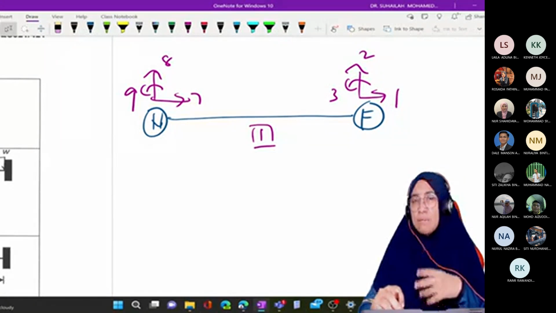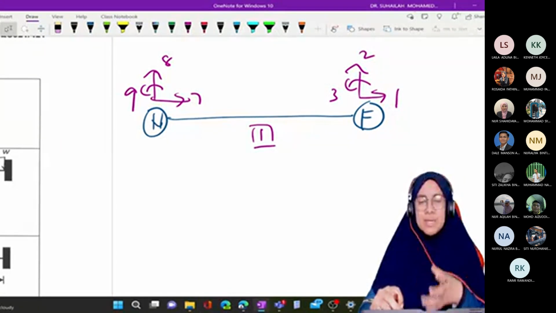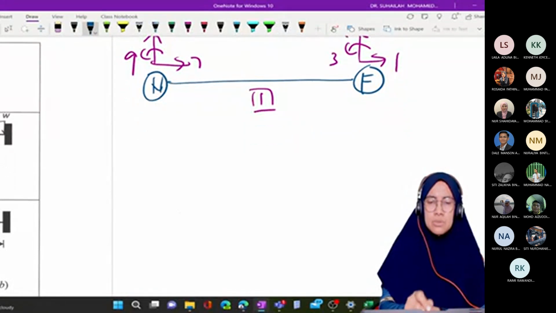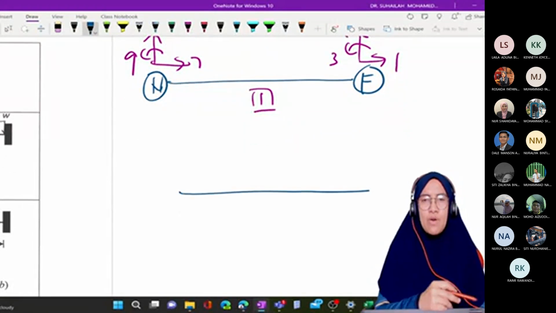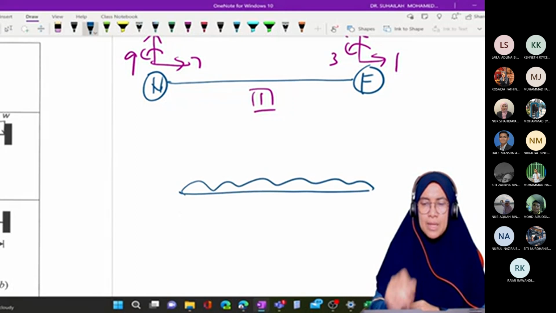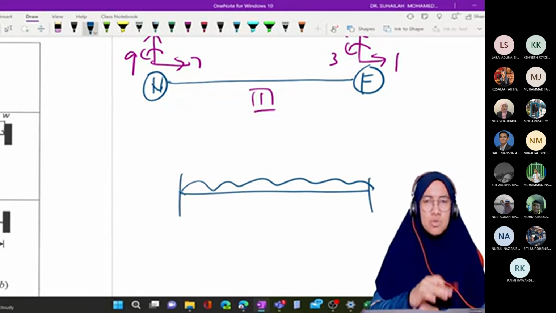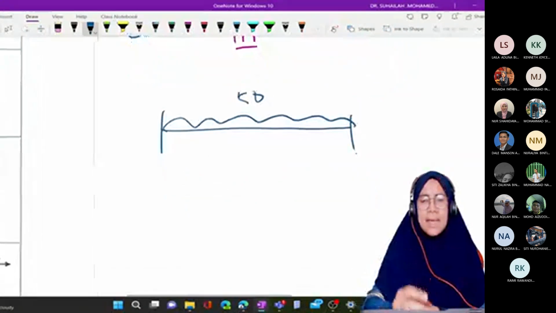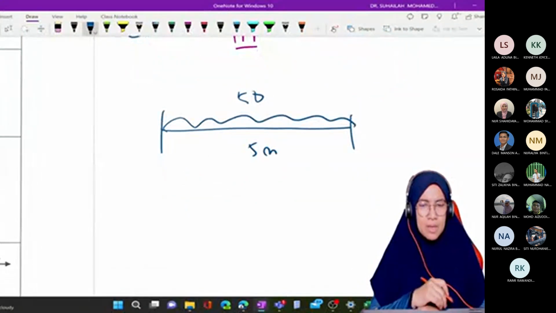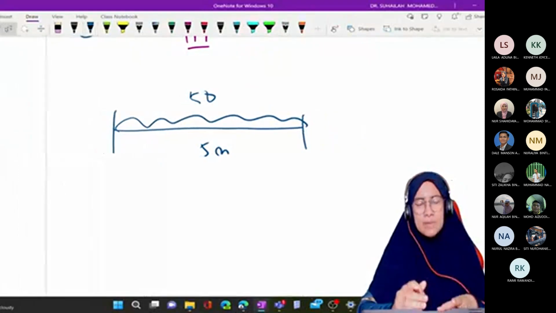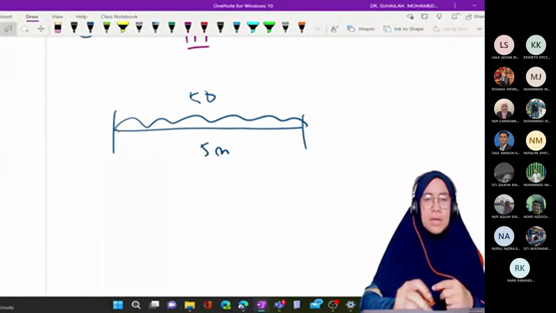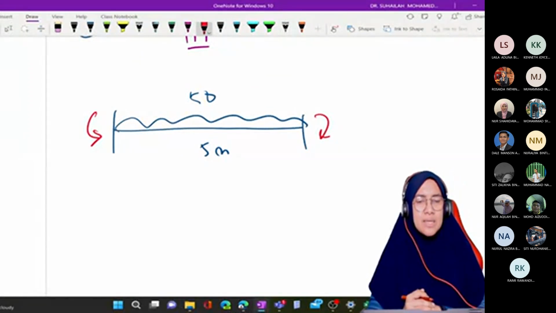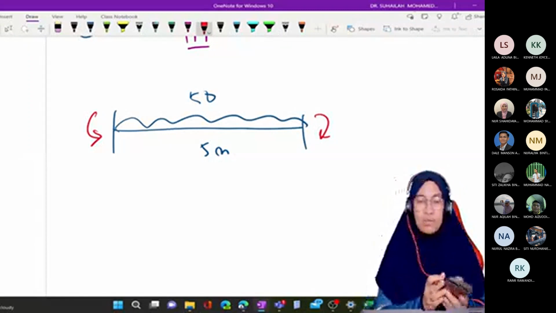It must be written in matrix form, and we should compare with the formula. So this is W. Assume all fixed. This is 50. Length is 5 meter. So for this beam, the fixed end moment acting in this direction is WL squared over 12.